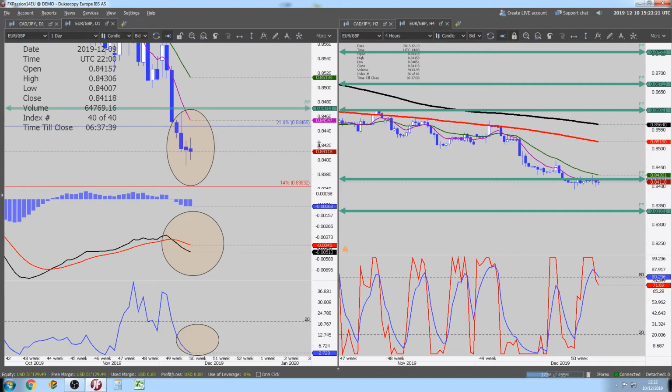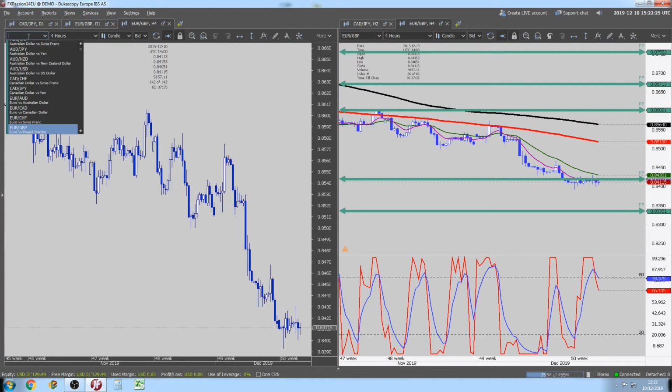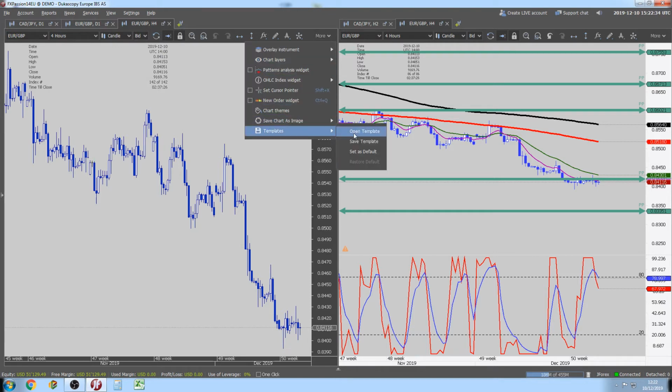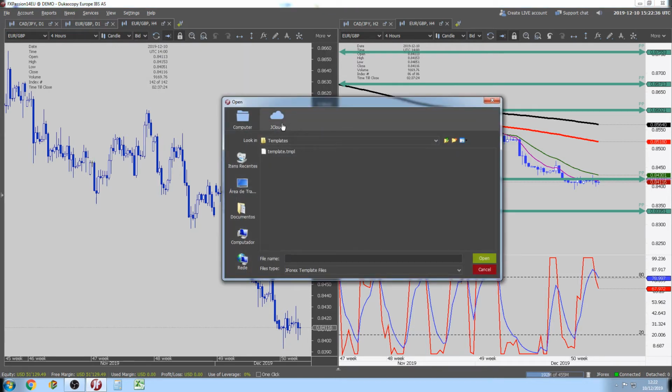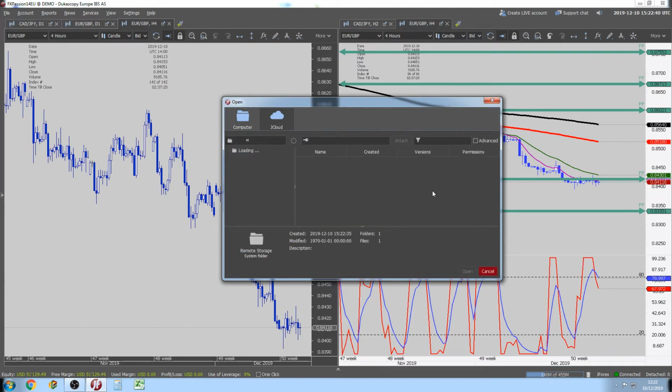Okay, so Canada JPY, Euro GBP. Let's open another one. Let's open Euro JPY. I'm just going at random. Euro JPY. Let's open templates. Open template. Everybody, question.